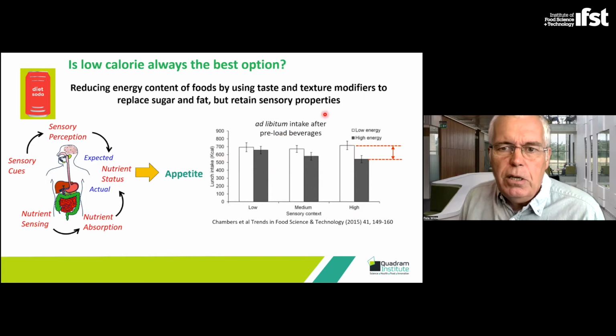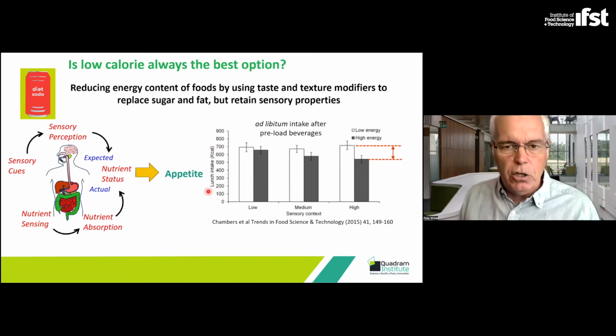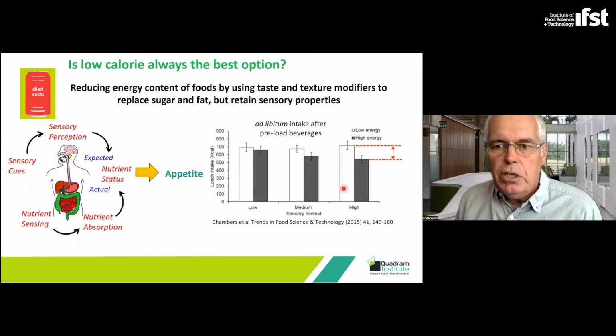So they drank this beverage, and after a while they had lunch, and they could eat as much as they liked. And basically, if you were fed a low energy but high sensory beverage, then you consumed more at that lunch.